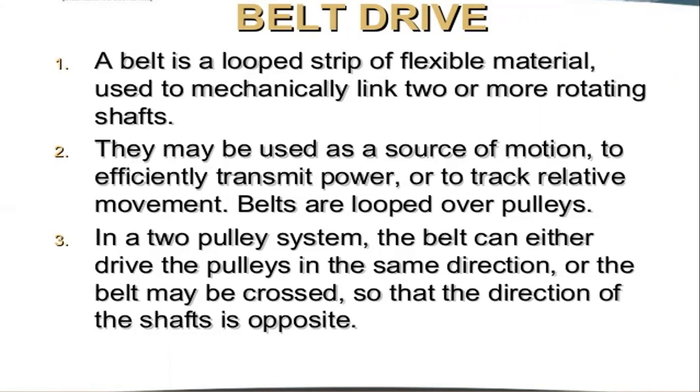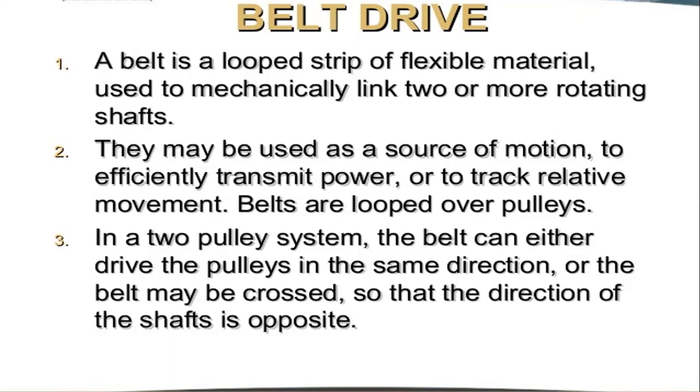Basically, a belt is a looped strip of flexible material used to mechanically link two or more rotating shafts. Generally, a belt is used for the transmission of power from one shaft to another shaft. That is the simple explanation of a belt.